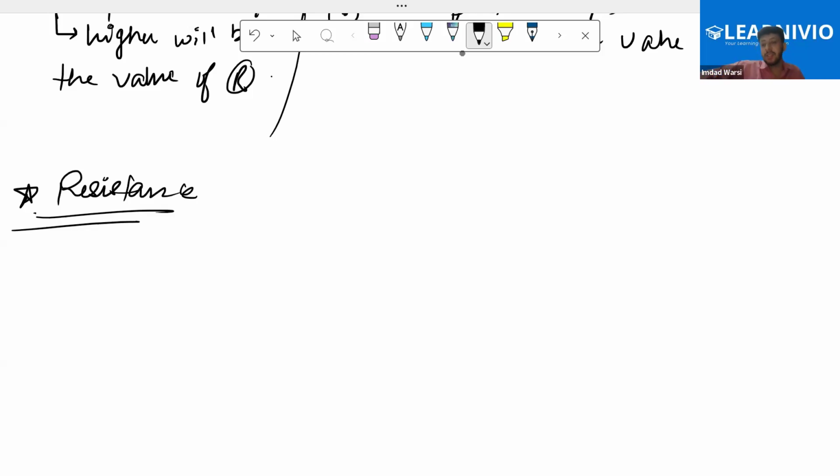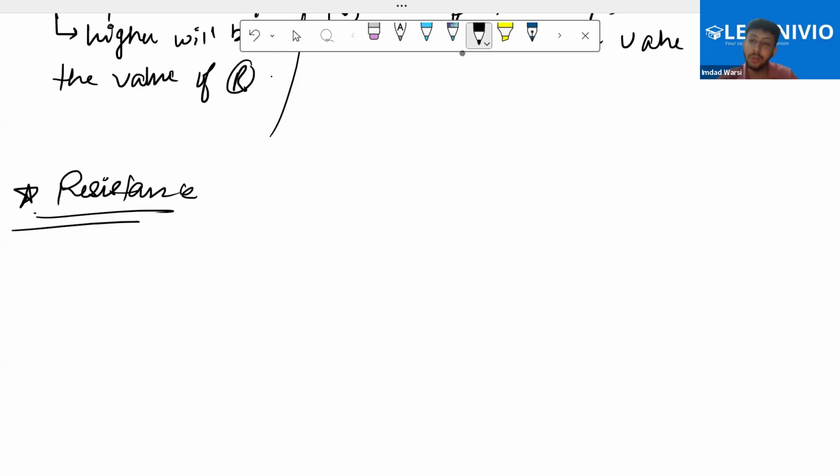So we see that resistance is a constant, and this constant depends upon what factors? It depends on the length. If the length is more, will the resistance be more or less? More.